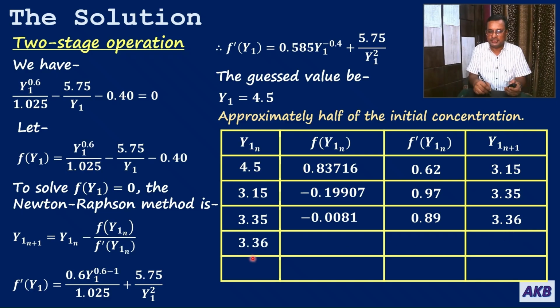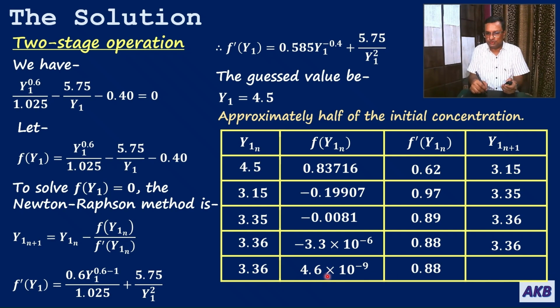In the next iteration, if I use 3.36, the function is minus 3.3 into 10 to the power minus 6, very close to 0. The derivative of the function is 0.88, and the new value is again 3.36. Then in the next step, the function becomes still smaller, very close to 0.